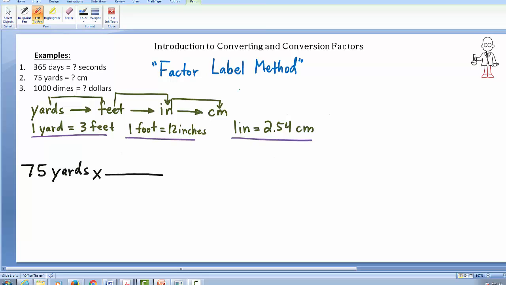and we want to go from yards to feet. So I can automatically, essentially without even knowing the conversion factor, write these things because I know what I want to cancel and I know what I want to remain in the numerator.